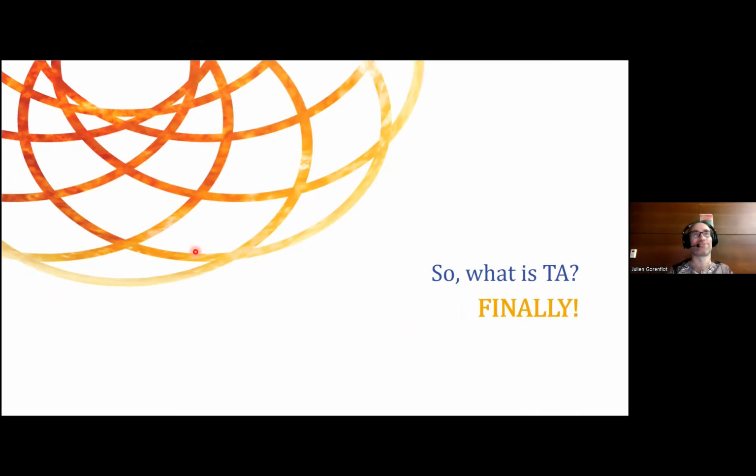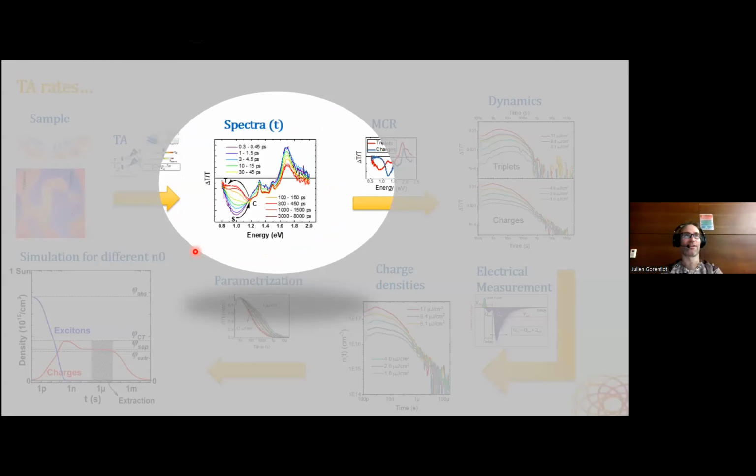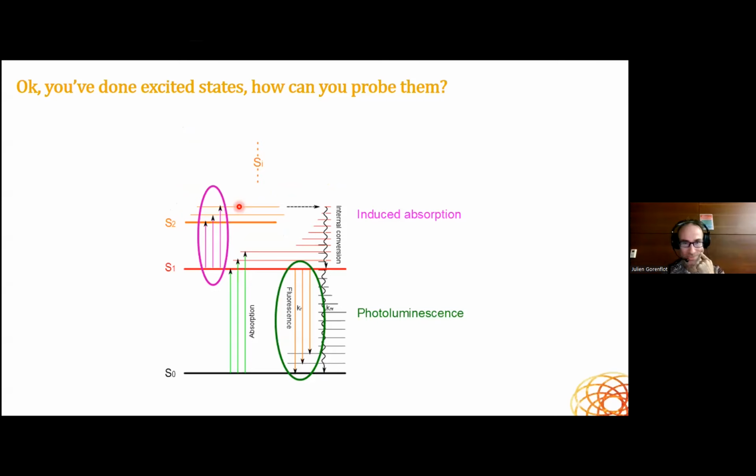So now I'm finally going to talk a little bit about what TA is, just for about 5 minutes. I told you this is the result of transient absorption, some spectra. So where does it come from? Basically, transient absorption spectroscopy is an excited state spectroscopy. First, you excite states: you start from a relaxed system and pump it with some light to create excited species.